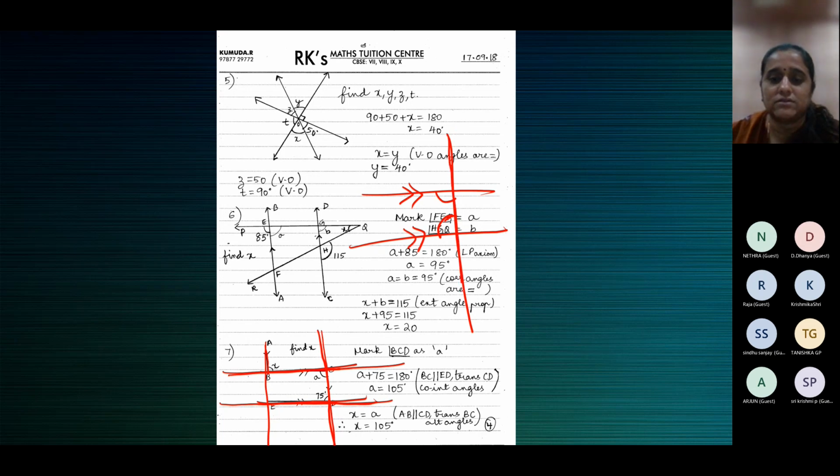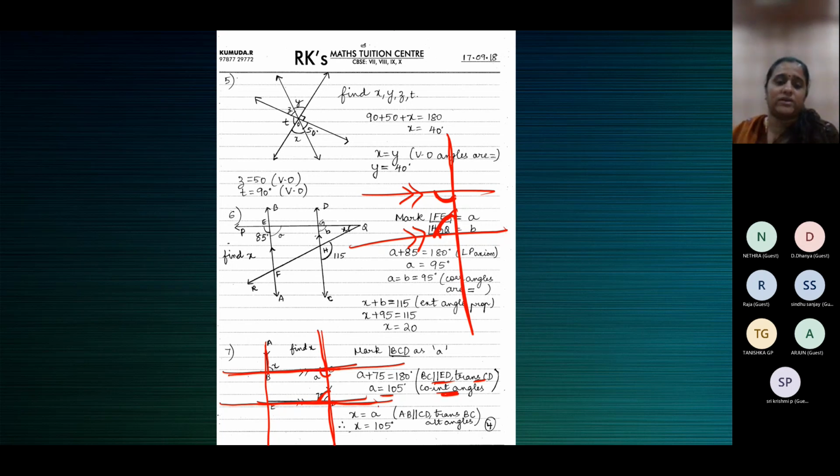They are supplementary because the lines are parallel. So A plus 75 is equal to 180. The parallel lines and the transversal make co-interior angles supplementary. So you get A is equal to 105.